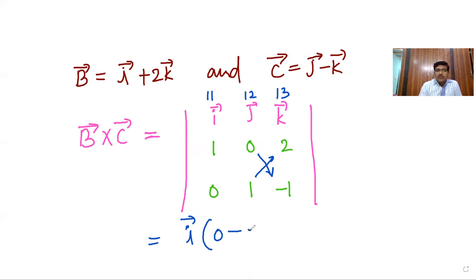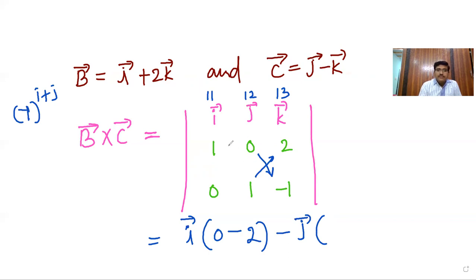Becomes 2. Minus, because for the ith row, jth column, the sign is always minus 1 to the power of i plus j. So minus 1 to the power of 1 plus 2, that is 3, minus 1 it becomes. So minus, again j bar I am putting.